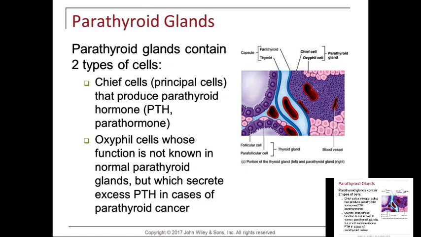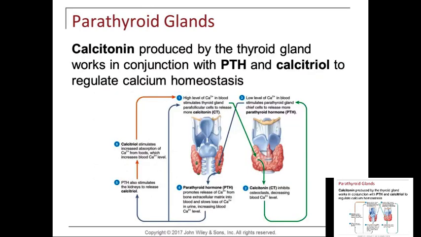The oxyphil cells' function is not really known in normal parathyroid glands, but they secrete excessive PTH in cases of parathyroid cancer. So I would know primarily the chief cells, or the principal cells, in relationship to PTH. Calcitonin is produced by the thyroid gland, and it works in conjunction with PTH.